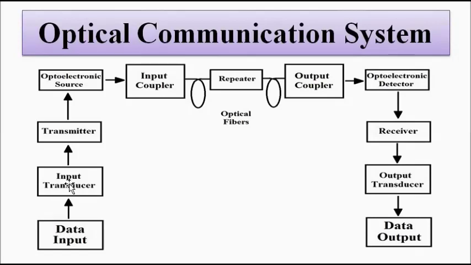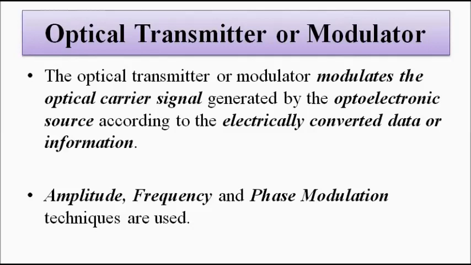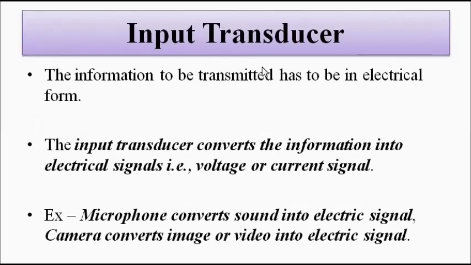The propagation distance will be very less, and the coverage area will be less. We have already discussed why we need modulation in communication systems. You can check out that playlist. So here we require the modulation technique to increase the strength of the signal so that it can cover a long distance. So we have to modulate a carrier signal according to the data, the electrically converted data at the output of the input transducer.